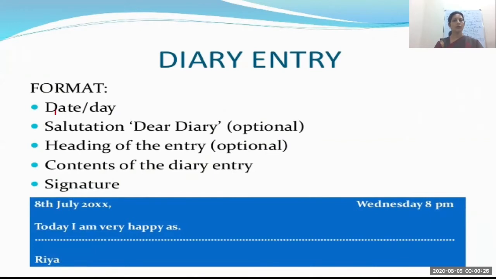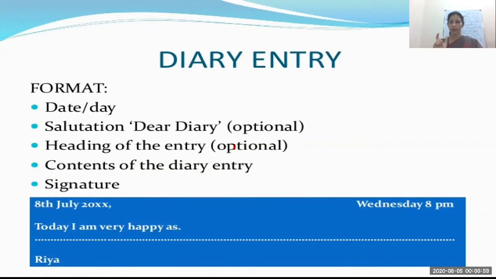So first of all, date, day, and then time also. Time also is very, very important here. Next one is salutation. For salutation, you can write Dear Diary, or in place of diary, you can select a pet name. But this is completely optional. Then heading of the entry. I told you that you can give a relevant heading on the basis of your event or the description of the diary.